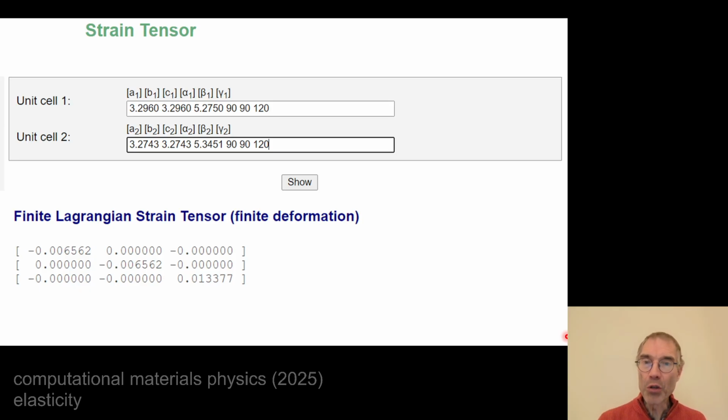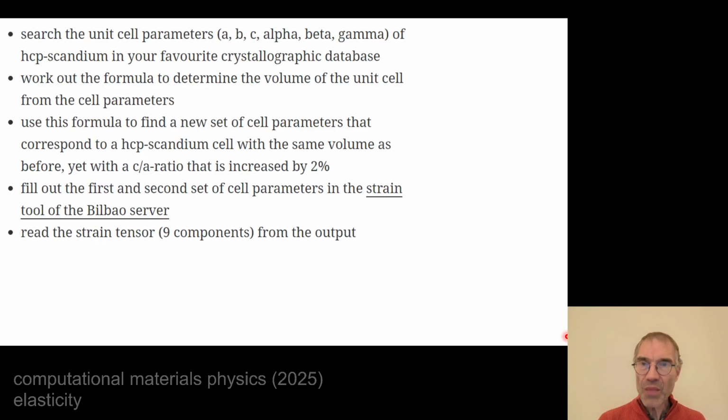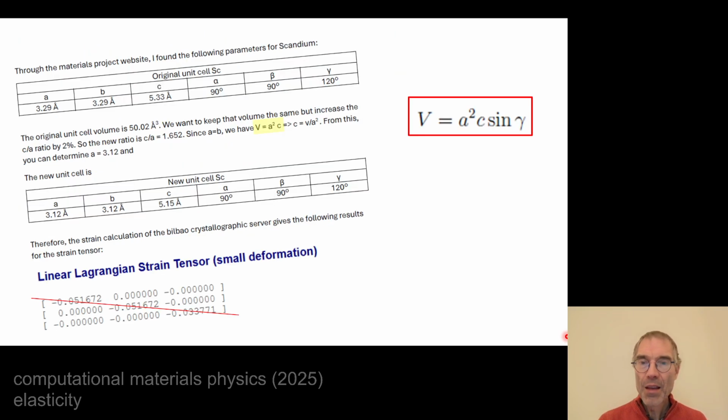Many people have found that, and here I repeat the procedure that you would have needed to follow for this. But there were also a few cases where you find a strain tensor that was clearly different. And in all cases, if I inspect it, there is a small mistake in the lattice parameter calculation.